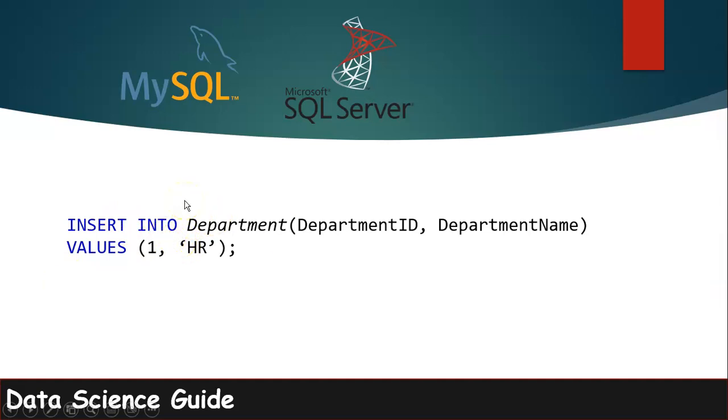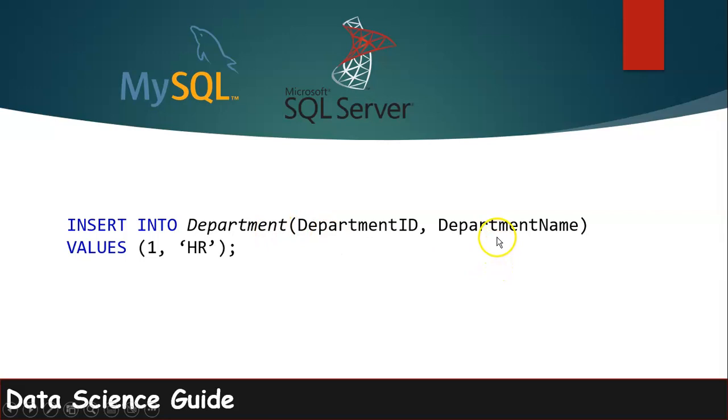And as you know from DSG database, department table is one of the independent tables that don't have foreign key. So to insert the first row here in the department table, we type insert into, then we type department and open parenthesis.